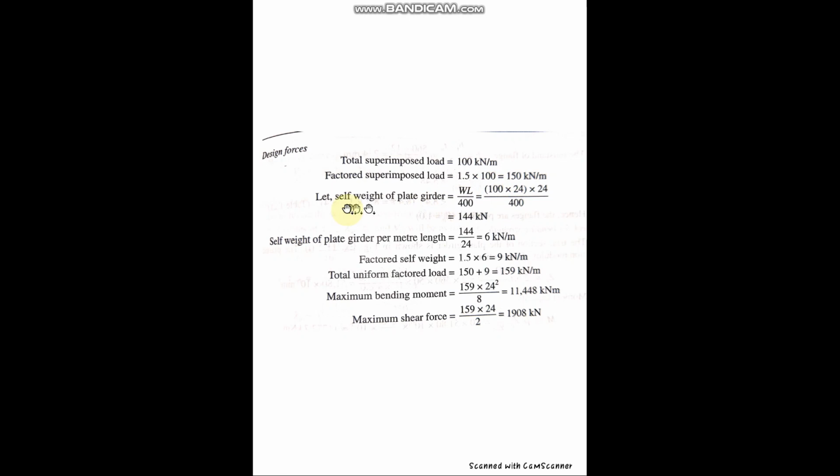So the self weight of the plate girder comes out to be 144 kilonewton. If you distribute it as a UDL, divide it by 24, and it comes to be 6 kilonewton per meter. Then simply adding up and finding the maximum bending moment, WL square by 8, and WL by 2 to find the maximum shear force. So that's all about the design forces.